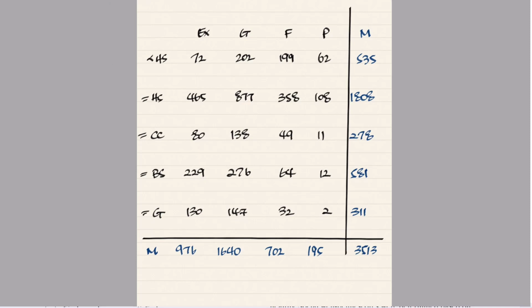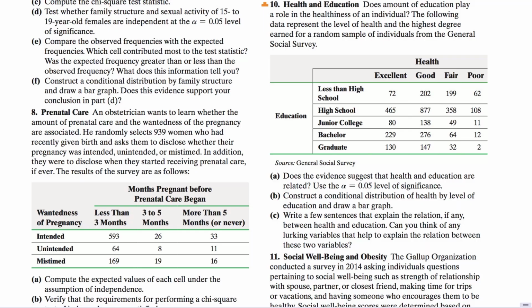And on the vertical column, I have less than high school, I have high school, I have community college, BS stands for bachelor's degree, and G stands for graduate degree. And so if you compare that with what we have in the text, you can see that they match up.